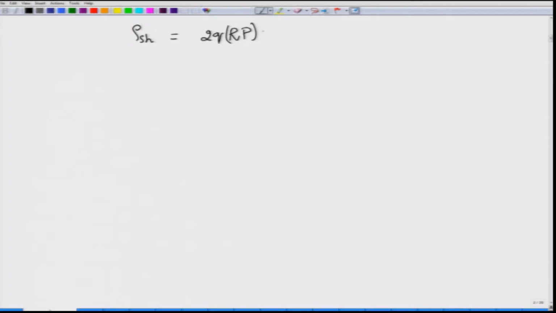When you multiply this through the bandwidth that you are looking at, that would give you the shot noise power. Multiplying the shot noise power spectral density over the total bandwidth is going to give you the variance of the shot noise. I think we had represented this as ISH for the photocurrent.